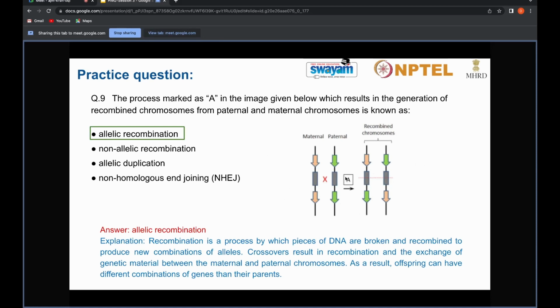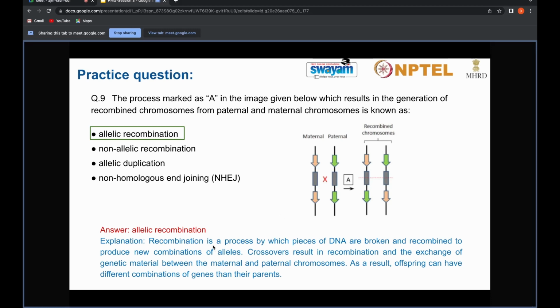As you can see, both of these are showing the recombination, since these are recombined in both of these chromosomes. The paternal allele is transferred to this maternal chromosome and the maternal allele is transferred to this.